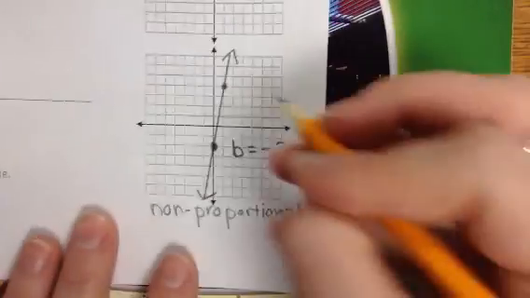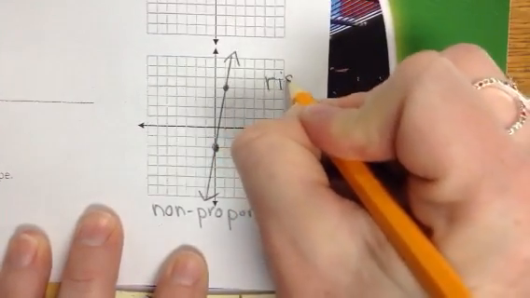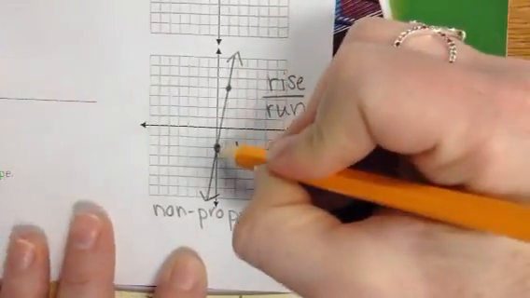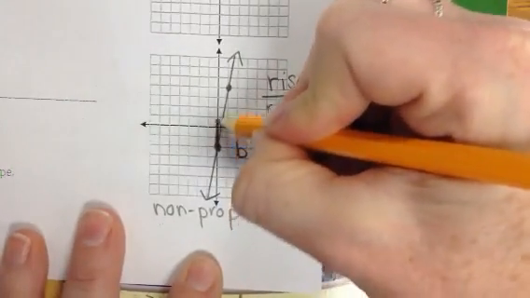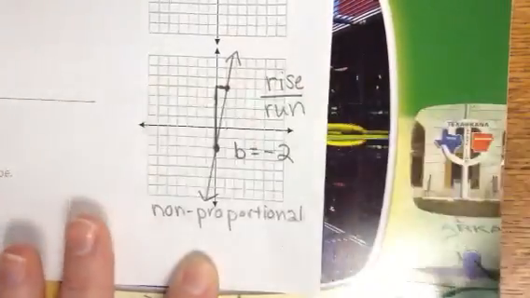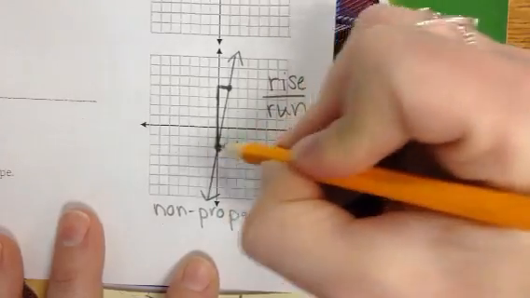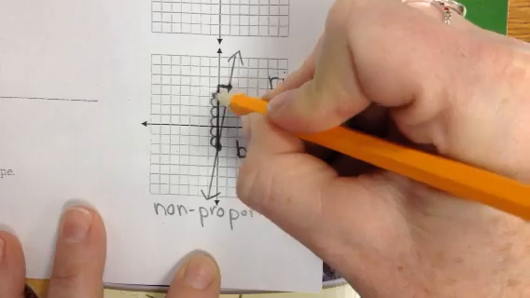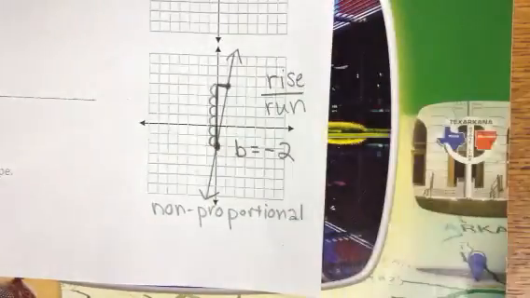I need to find the slope, so I'm going to do a ratio of rise over run. Starting from the lower point, I'm going to darken this line that goes straight up and straight over so I can count. My rise is 1, 2, 3, 4, 5, 6.